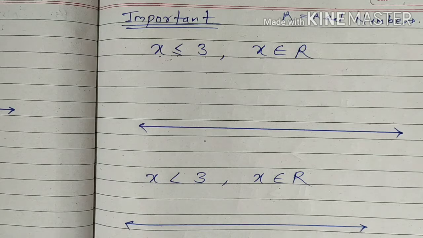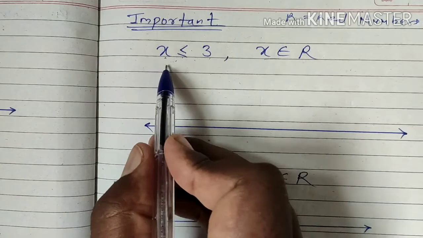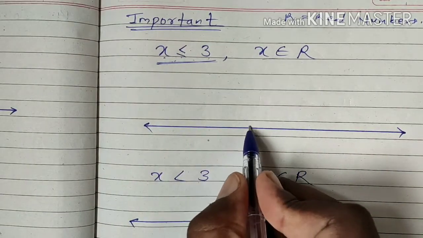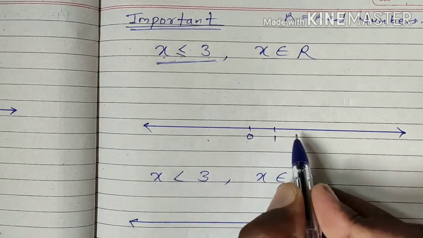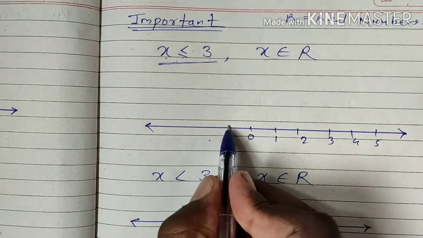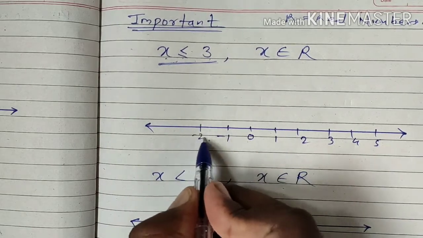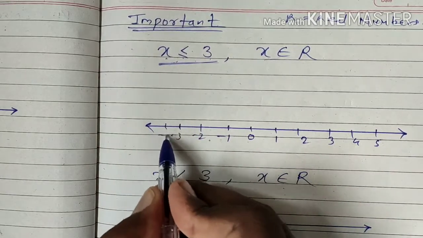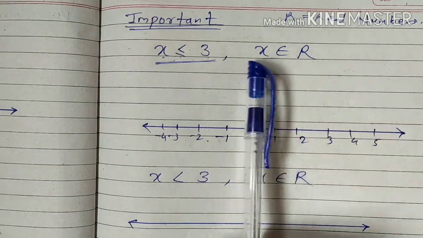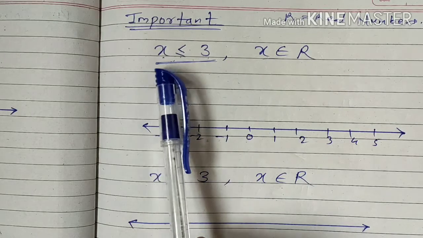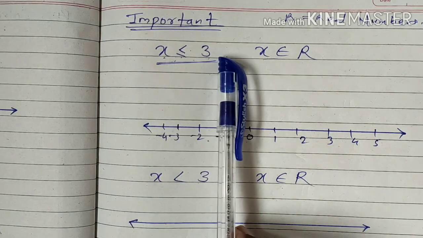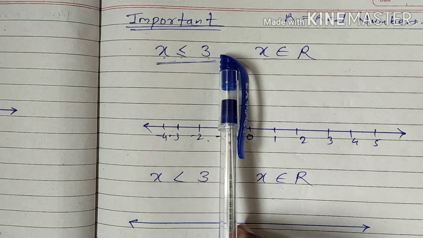Now our set is X is less than or equal to 3. On the number line, 0, 1, 2, 3, 4, 5, then minus 1, minus 2, minus 3, minus 4. What we want to represent on our number line is all the real numbers which are less than or equal to minus 3.